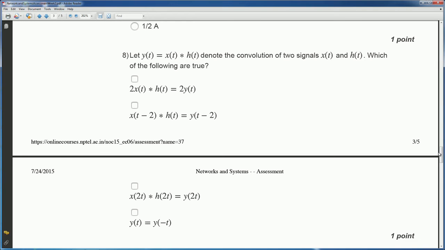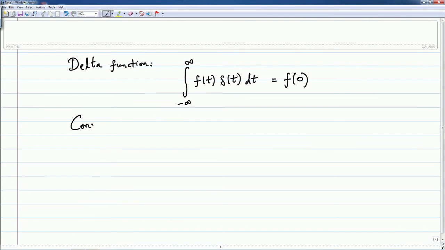Okay. So, let me emphasize, let me write up something for this, just to tell you how this works. So, look at convolution. Okay. So, if you want to write x of t convolved with h of t, you could write it in two ways. Let me write it in one way: integral from minus infinity to infinity of x of tau h of t minus tau d tau.